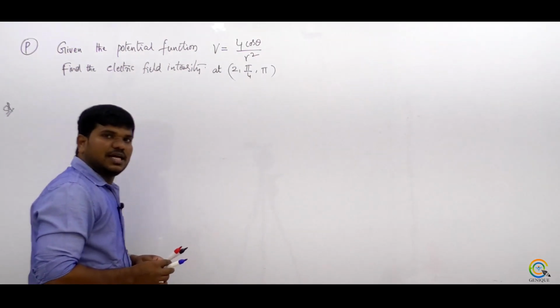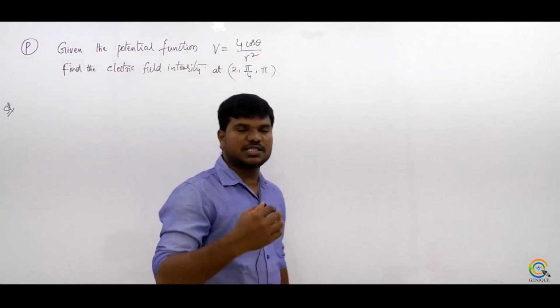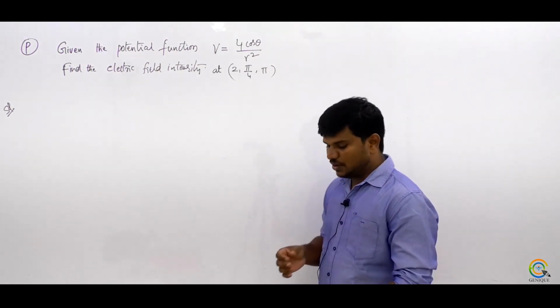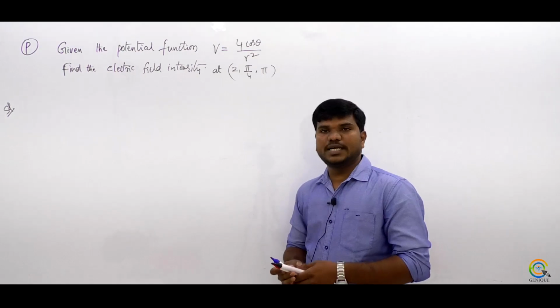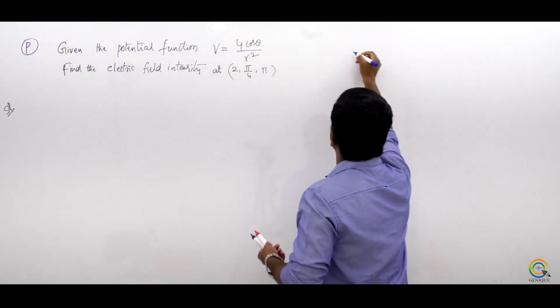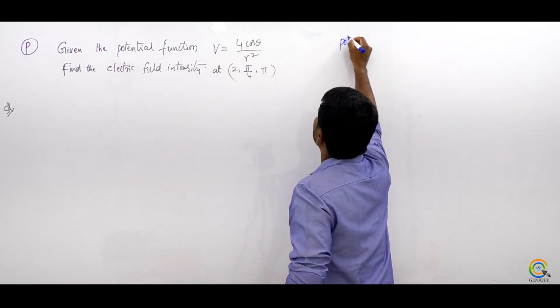Potential can also be named as the voltage. So how can you find the voltage? What is meant by voltage? Okay, so what is a voltage or a potential, in general?